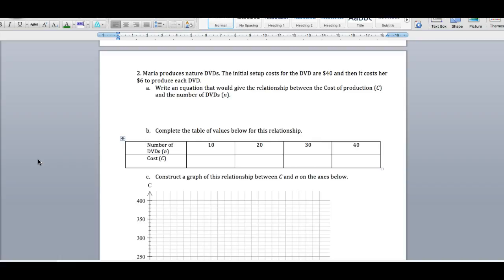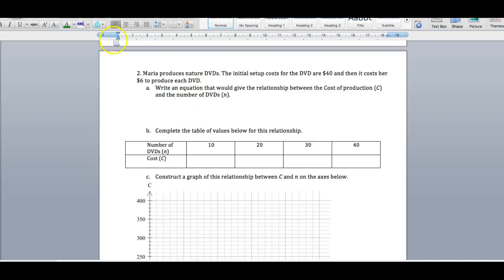Maria produces nature DVDs. The initial setup costs for the DVD are $40, and then it costs her $6 to produce each DVD. Okay, so write an equation that will give the relationship between the cost of production and the number of DVDs. So when we have to set up an equation, we want to know cost.